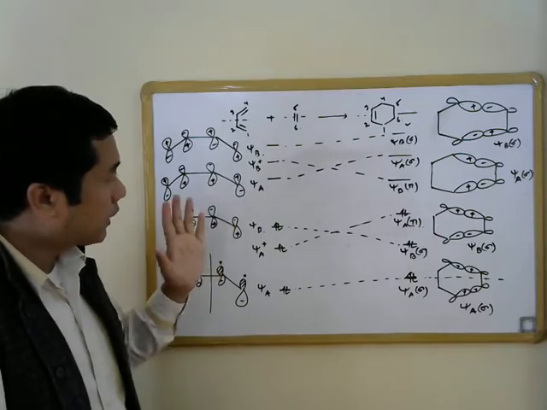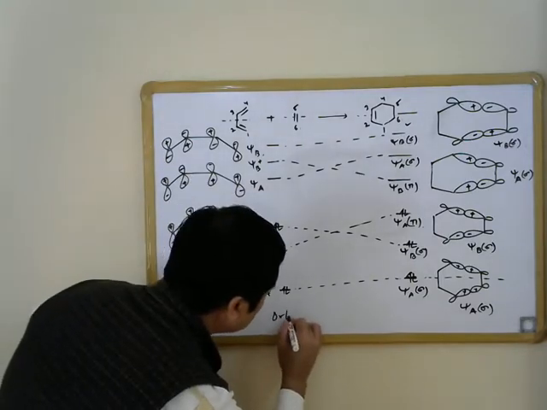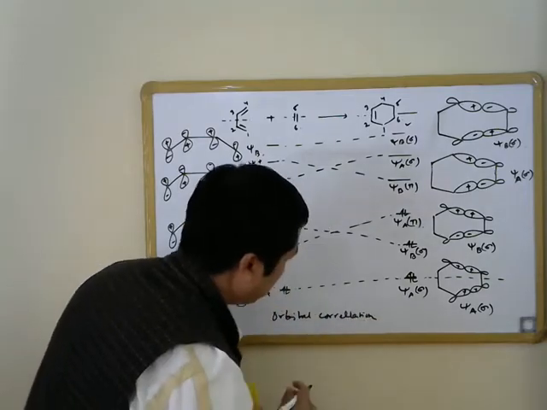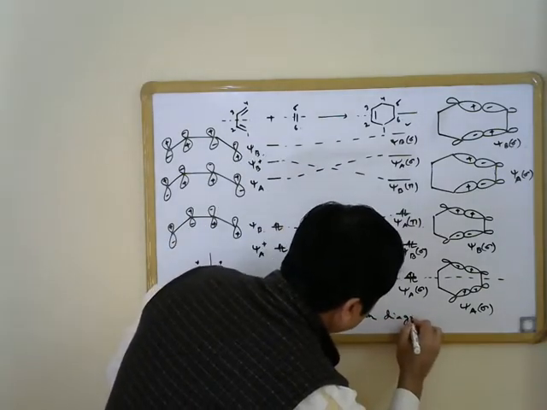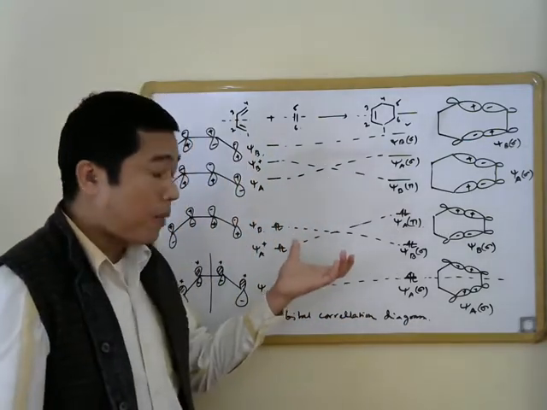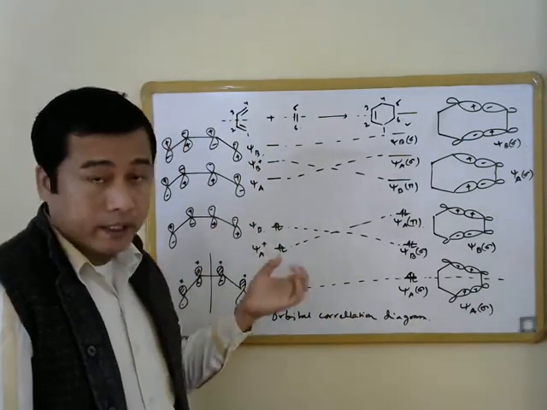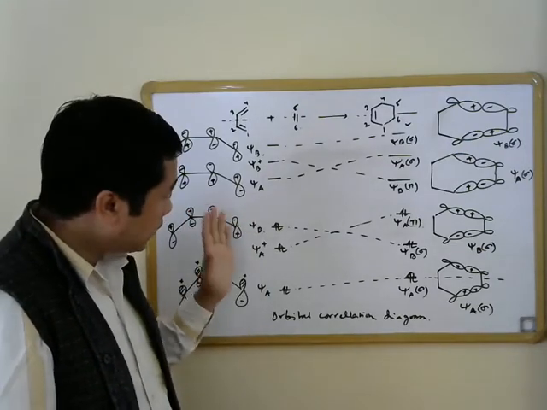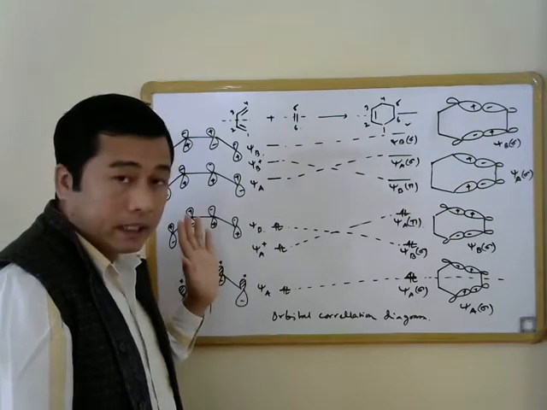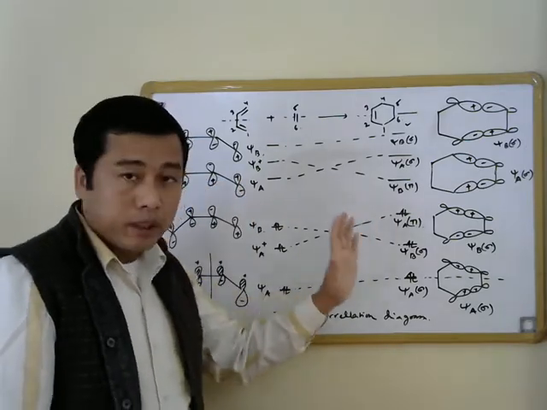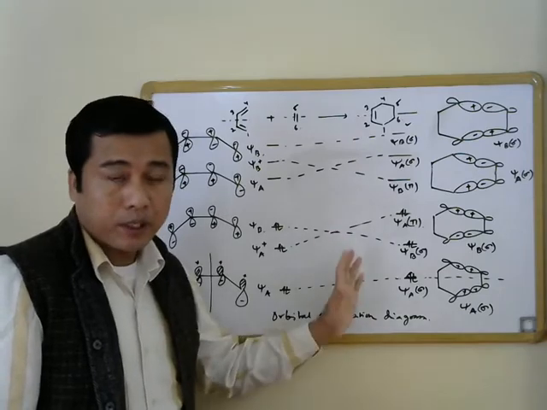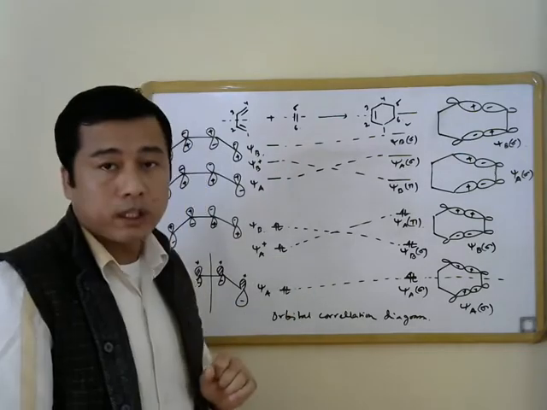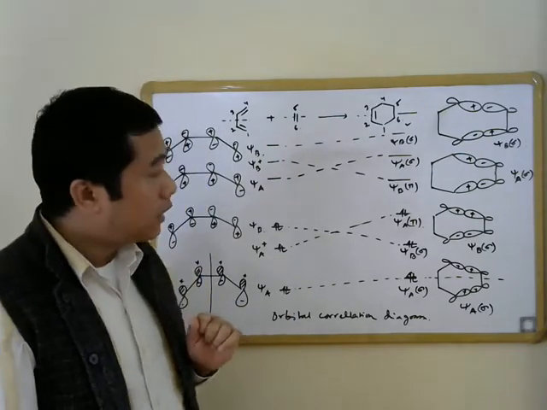So this is the orbital correlation diagram for the Diels Alder reaction, and what we see from here is that all the bonding molecular orbitals in the reactants correlate with the bonding molecular orbitals in the product, and all the antibonding molecular orbitals in the reactants correlate with the antibonding molecular orbitals in the product.